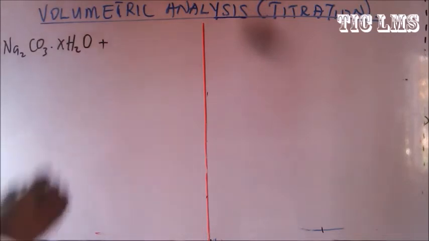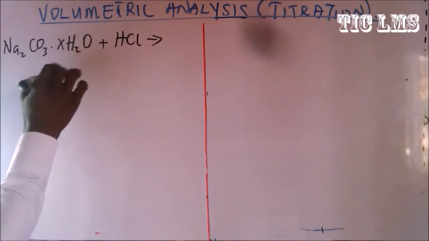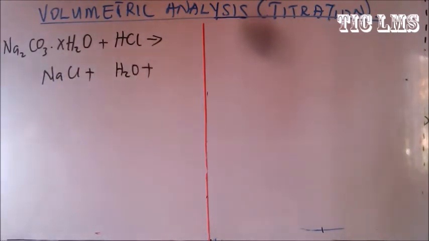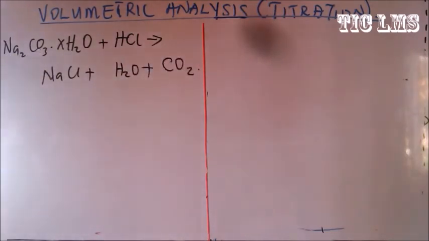So it reacts with hydrochloric acid to produce NaCl plus H2O plus CO2 because of this carbonate that is over here.